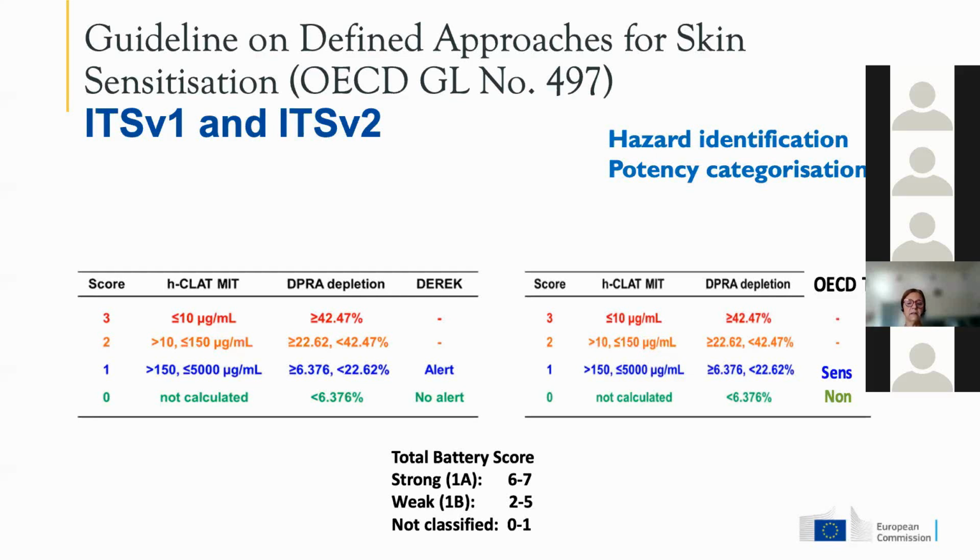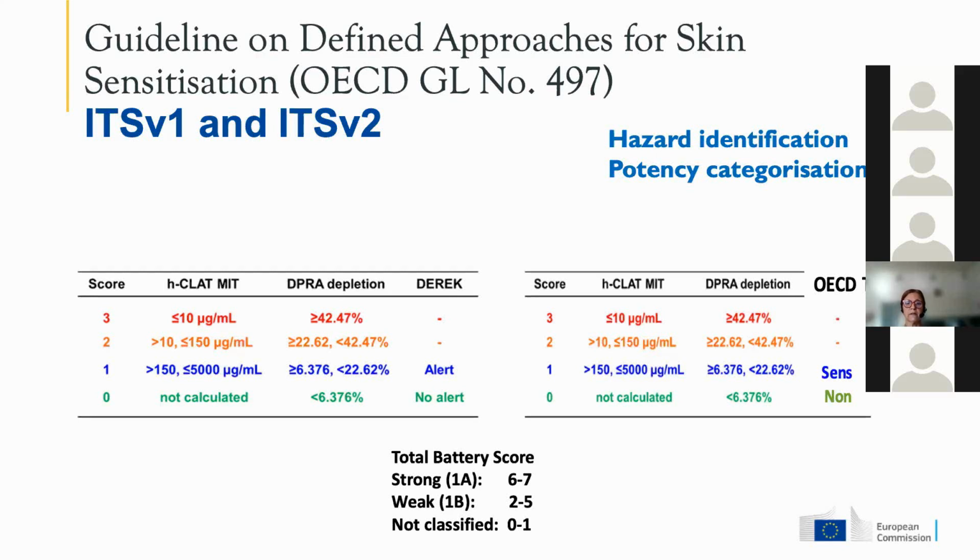The ITS DAs use test methods that address key event 1, the DPRA, and key event 3, the h-CLAT, in the adverse outcome pathway, and also include an in silico prediction that is provided by Derek Nexus in the ITS version 1 and by the OECD Toolbox in the ITS version 2. The data interpretation procedure in these DAs involves that a score is assigned to the quantitative readouts of the DPRA, the h-CLAT, and the in silico prediction. And by summing the scores, a total battery score is derived.